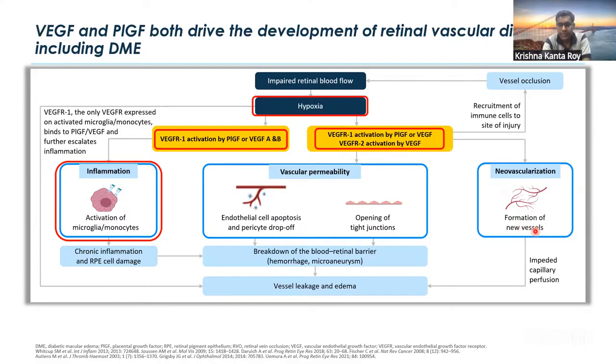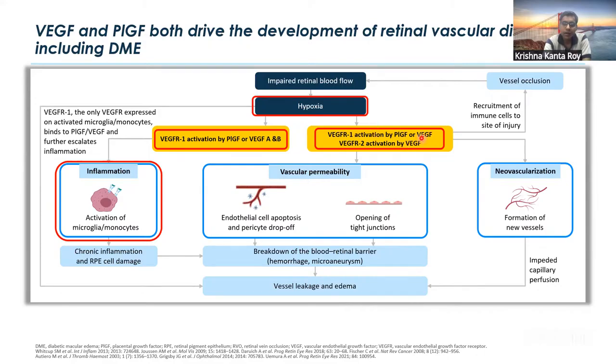The problem with these new blood vessels is that they are very leaky. Their wall is not mature. Firstly, they cause vascular leakage and edema surrounding the blood vessel. If it occurs in the macula, it is called macular edema or retinal edema. So this is the basic pathophysiology.